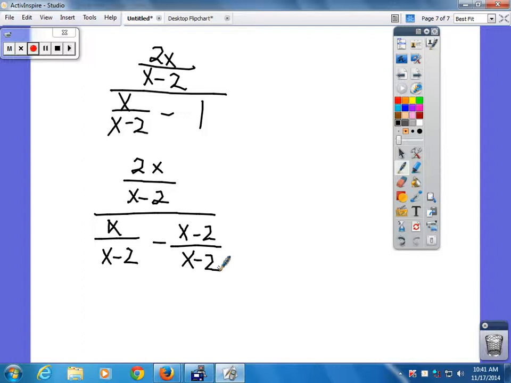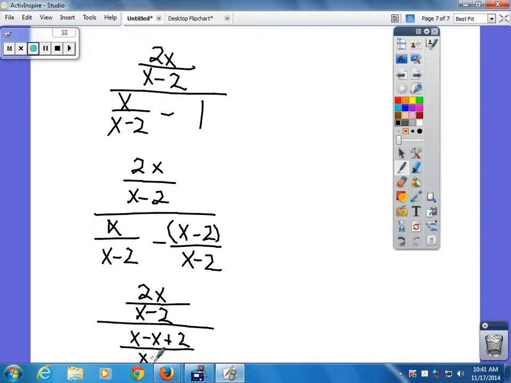Yes, but I have to make sure I distribute that negative, right? Because technically that negative is right here. So 2x over x minus 2 over x minus x plus 2 over x minus 2. And what happens to the x's?